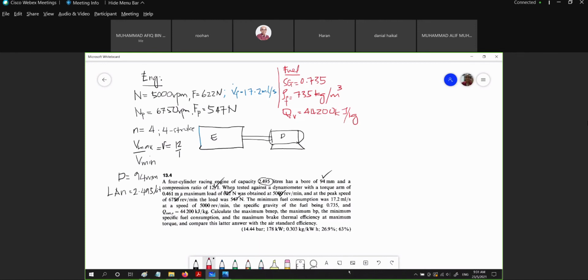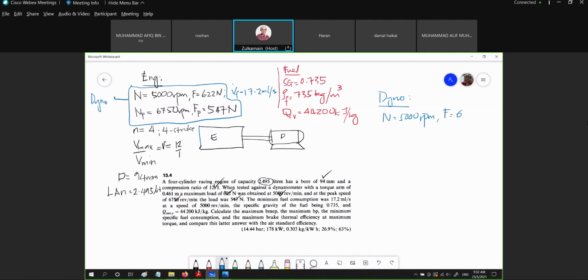Oh guys, this one I shouldn't put right here. This is for the dyno parameter. Sorry, this is for the dyno, so I copy it again for the dyno side. At 5,000 RPM, F is 622 Newton.